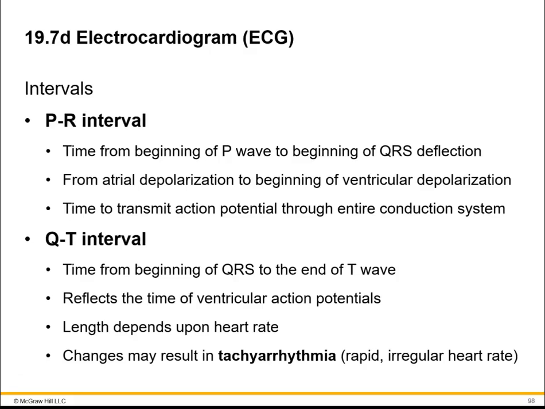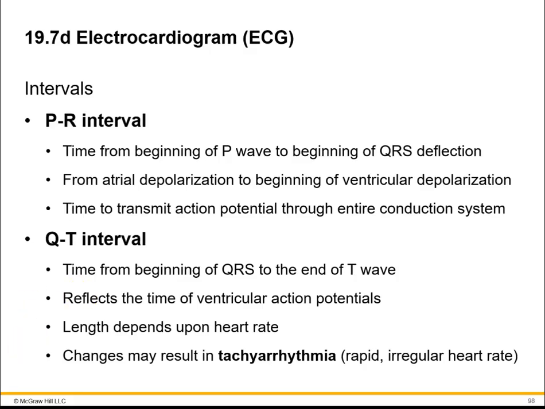Changes in the inherent length of that QT interval, either making it longer than it should be or shorter than it should be, can result in tachyarrhythmias. These are rapid, irregular heart rates that can deteriorate into fatal rhythms.